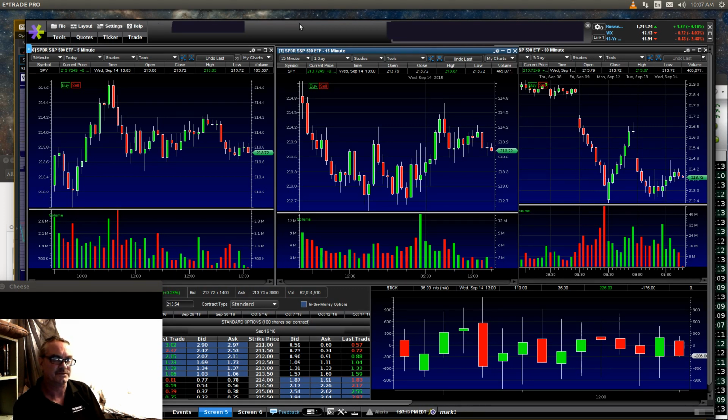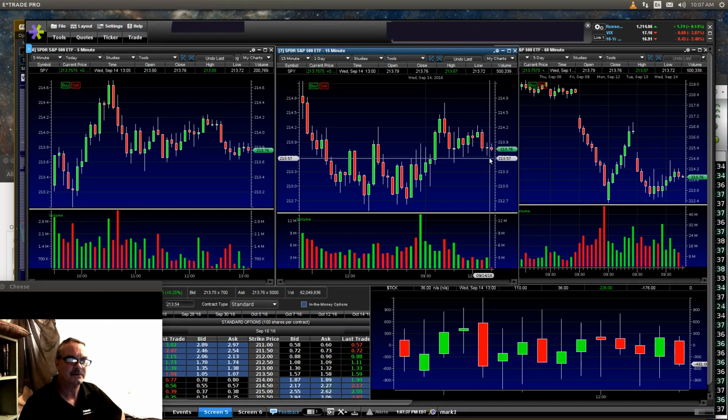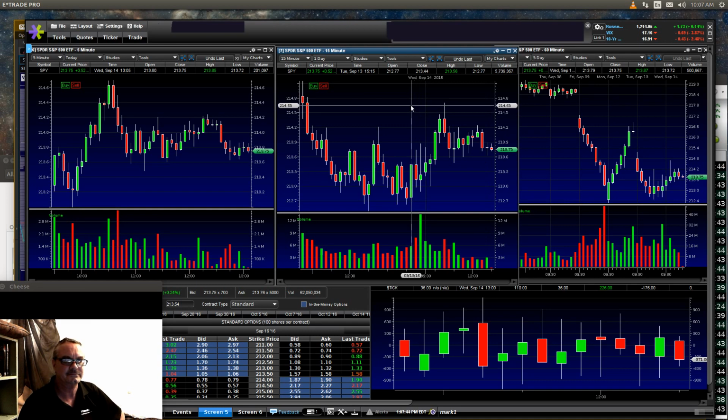Yeah, it's pushing lower. The 214 strike is now 78 cents, or they're asking. I think the market wants to try to push a little lower. I'm not too sure this is a convincing candle formation.